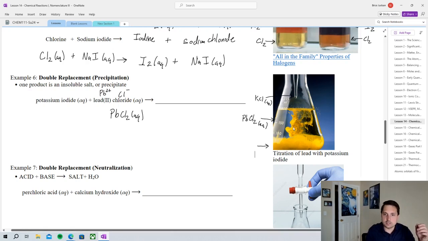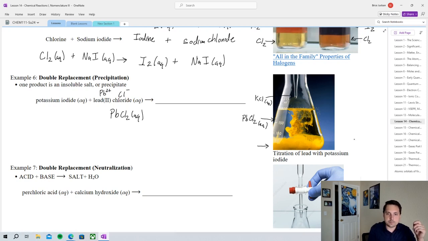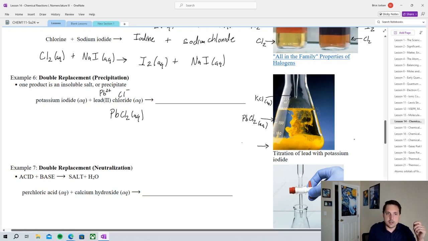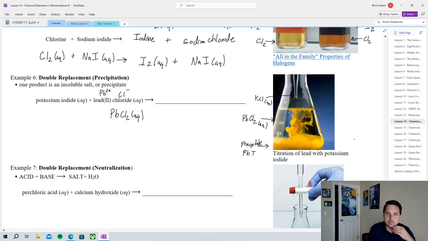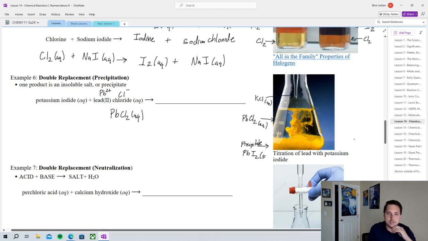It turns into this goo, and then it settles at the bottom of the Erlenmeyer flask. So that is going to be our precipitate, and it is going to be lead iodide, my bad. So that's a solid.